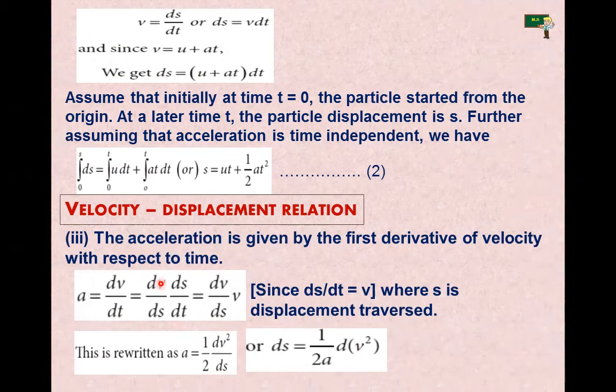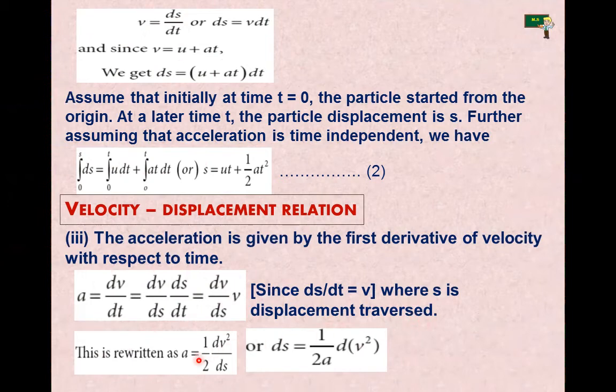So we take this dv by ds as it is, and instead of ds by dt we put v, since ds by dt is equal to v, where s is the displacement traversed.